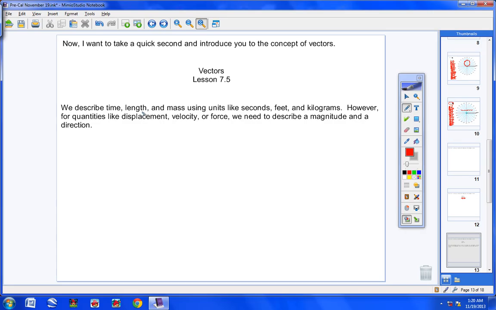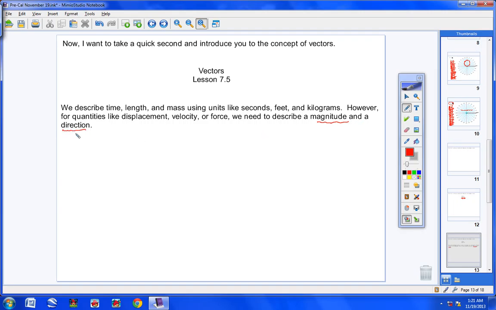We describe time, length, and mass using units like seconds, feet, and kilograms. I mean, time can be in seconds, length can be in feet, and mass can be in kilograms. However, for quantities like displacement, velocity, or force, we need to describe a magnitude and a direction.